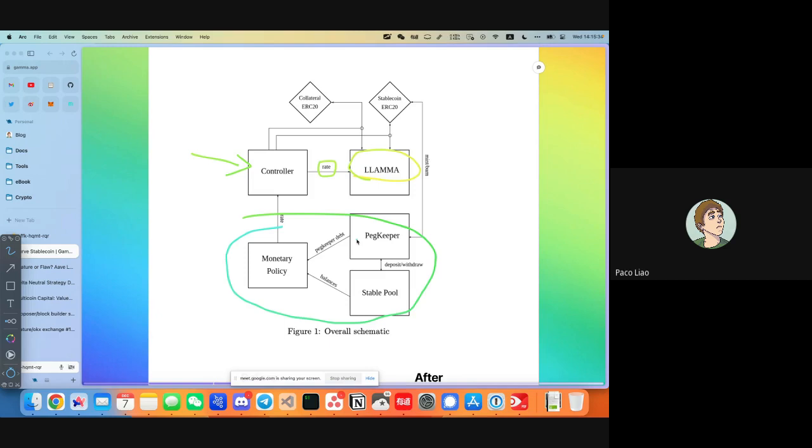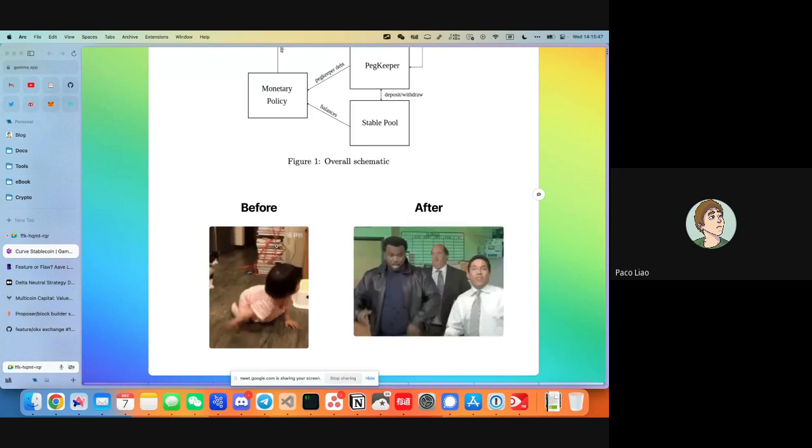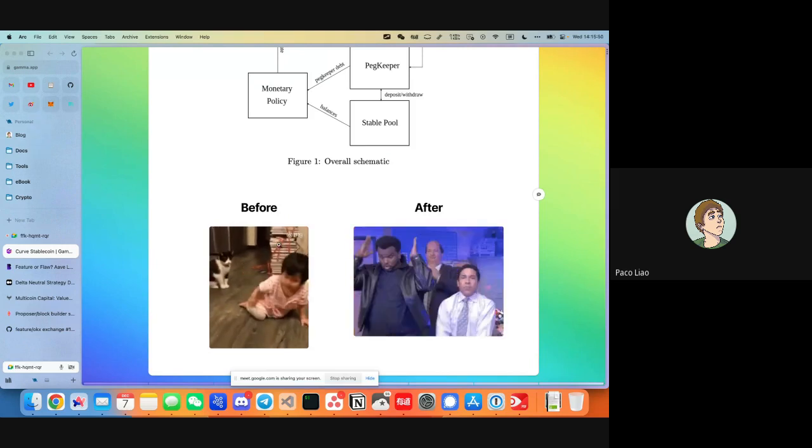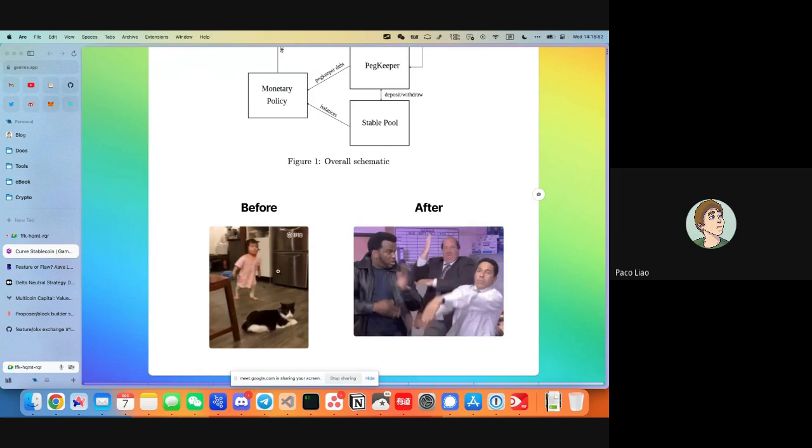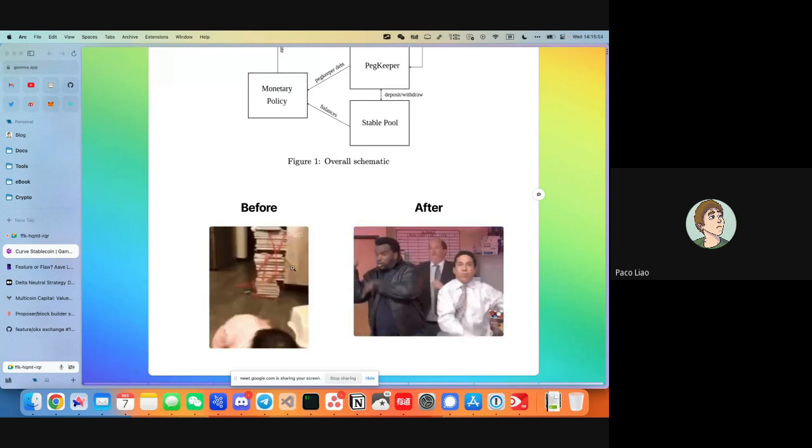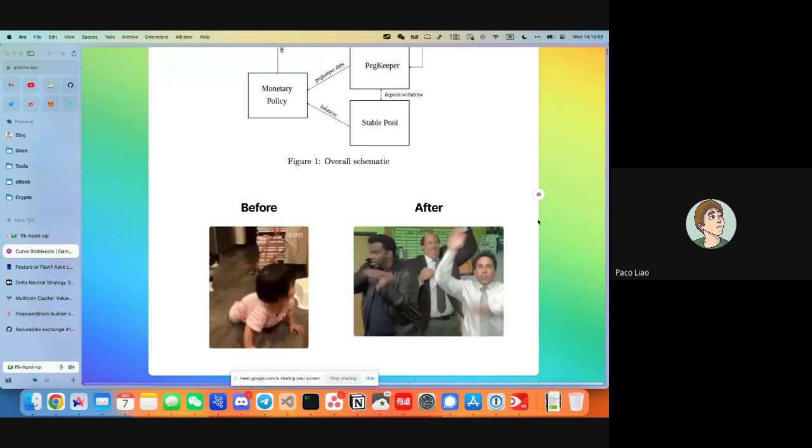Let's call this stablecoin Curve USD. So this part is to stabilize the price of Curve USD. And this is before and after. Before, with Curve USD it is painful when a user gets liquidated, and after that, users will be happy.